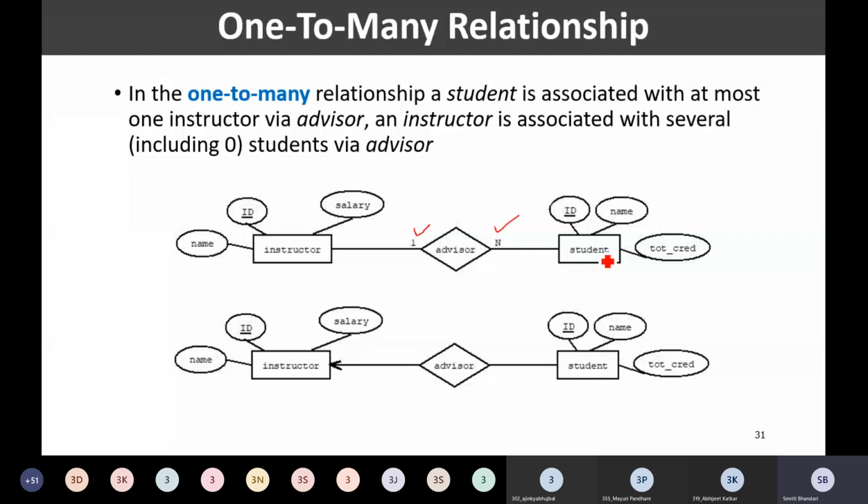N stands for many. So that is one way of notation. In the other way of notation, we can put the directed arrow here towards instructor, and we have an undirected line towards student. So this is also indicating one-to-many relationship.